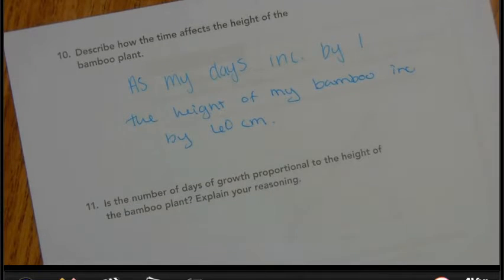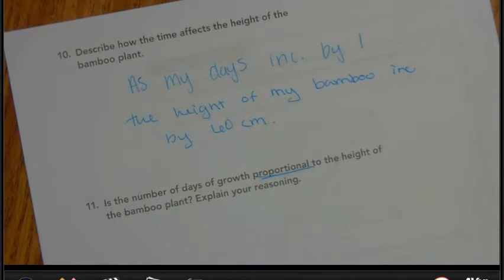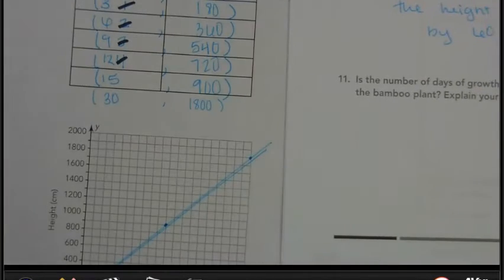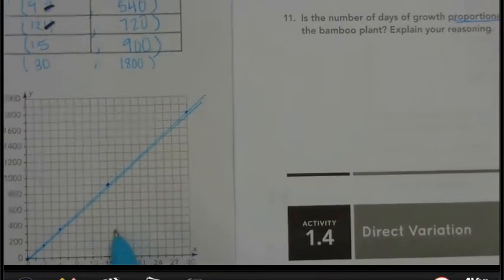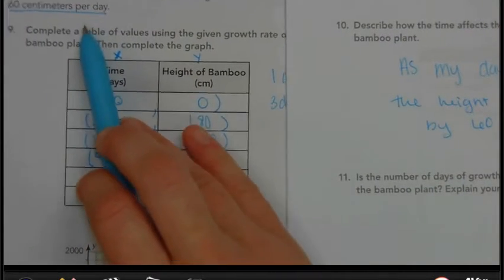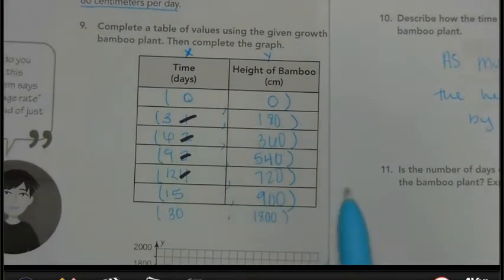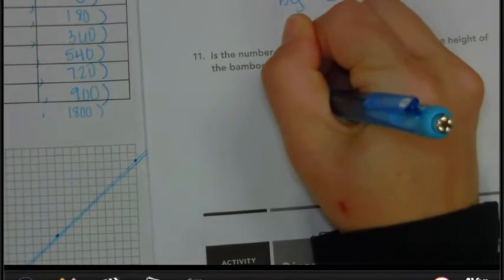Okay. Is the number of days of growth proportional to the height of the bamboo plant? And explain your reasoning. All right, so there are 2 things that tell you this. The graph and your constant of proportionality, your K value. Okay, so the answer to this is yes.